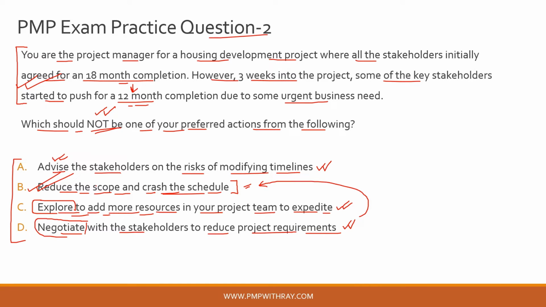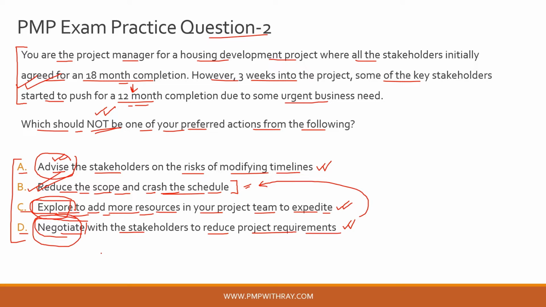Now, before we close this discussion, guys, note a very important thing here: if you see the way options A, C, and D are structured, look at these words: advise, explore, negotiate. What kind of characteristic of a project manager do these words exhibit? It exhibits that as a project manager, you are more pragmatic, more data oriented, and more matured.